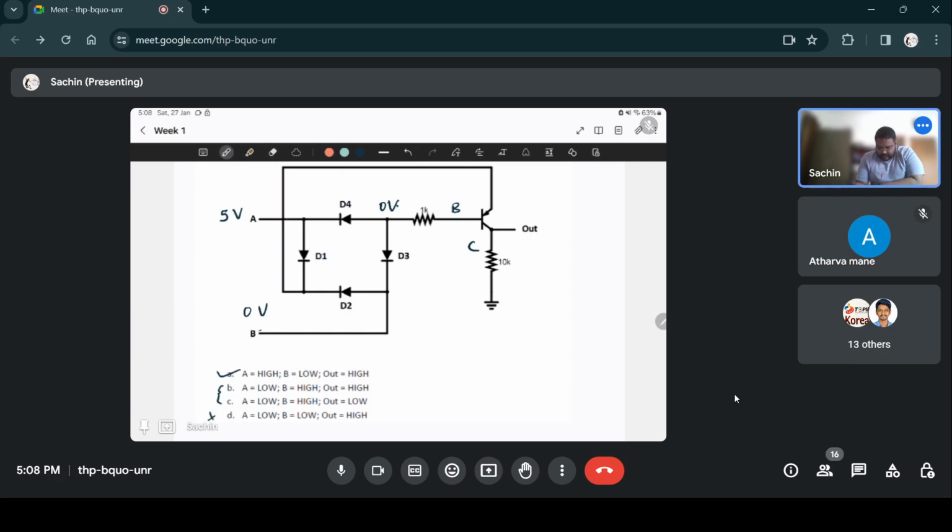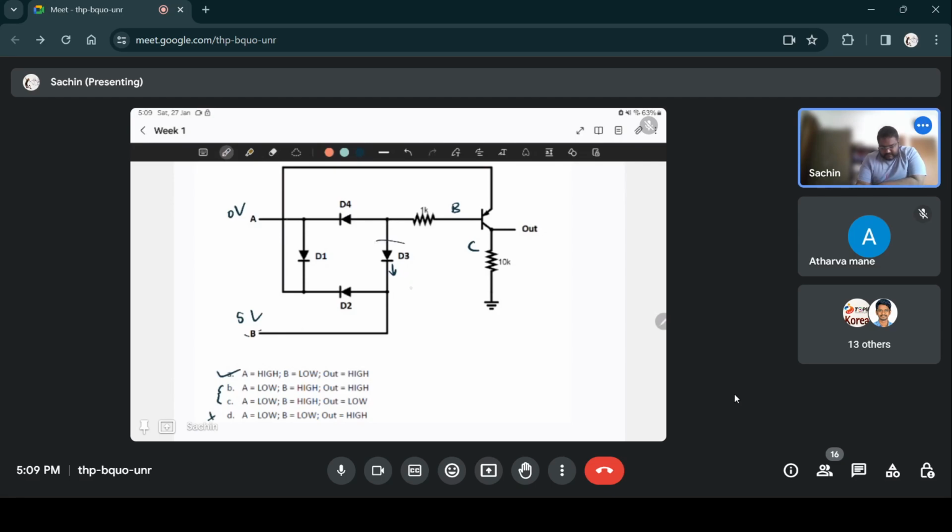Okay. The next situation is A is low and B is high. So A is at 0 volts and B is at 5 volts. That means that this D3 will again be reverse biased because the N junction of this diode is connected to high voltage.